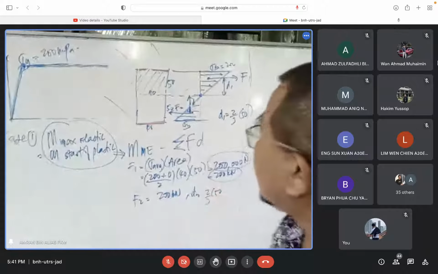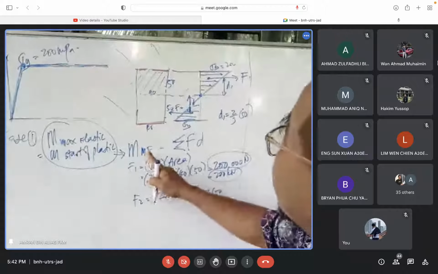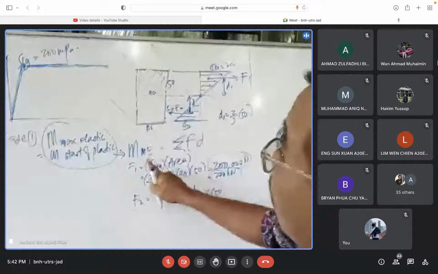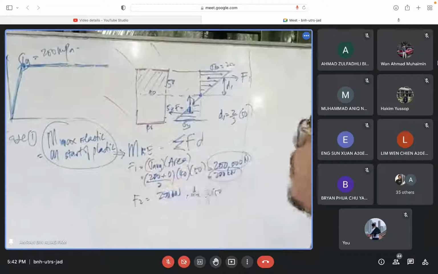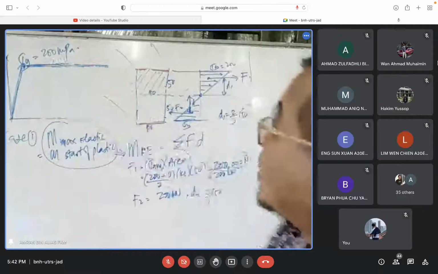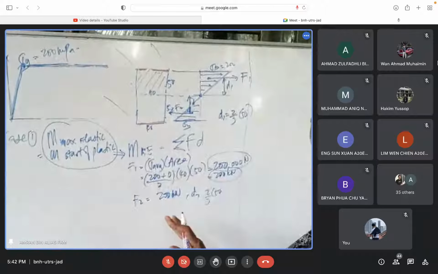So if we write it back, what is the maximum elastic moment? That means for this to happen, we require the moment to have a certain value. I don't know the loading yet. I just know the size and the properties. How does it load?